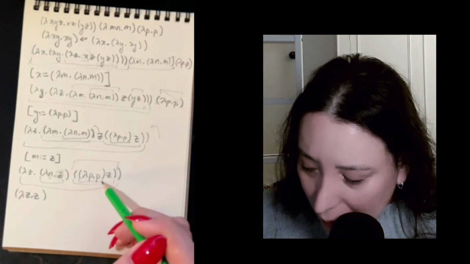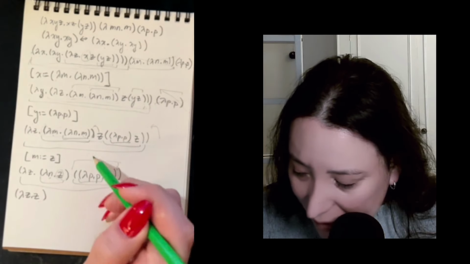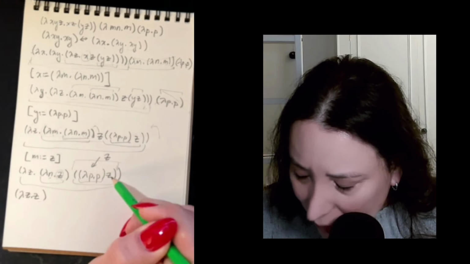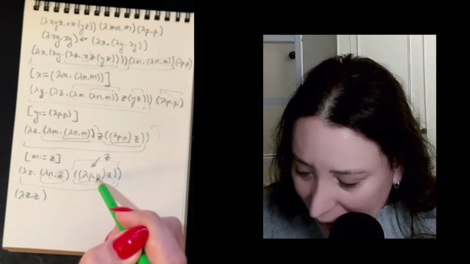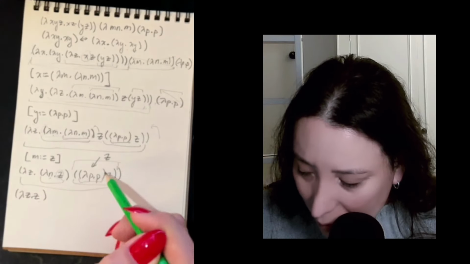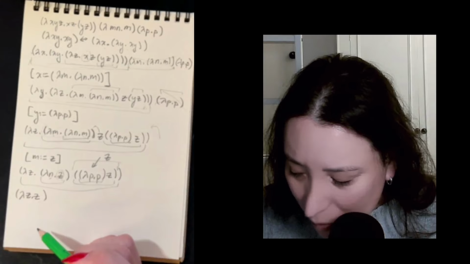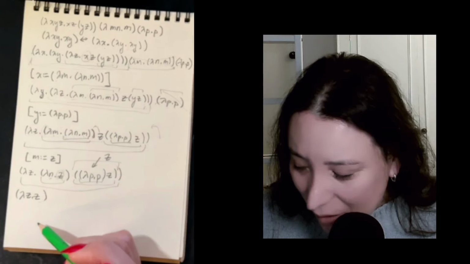But we could evaluate this also if we cared to, and this is going to return z, right? Because we substitute p with z, and we end up with z, but we don't care because this is a free variable. Anyway, I hope that explanation actually made some sense.